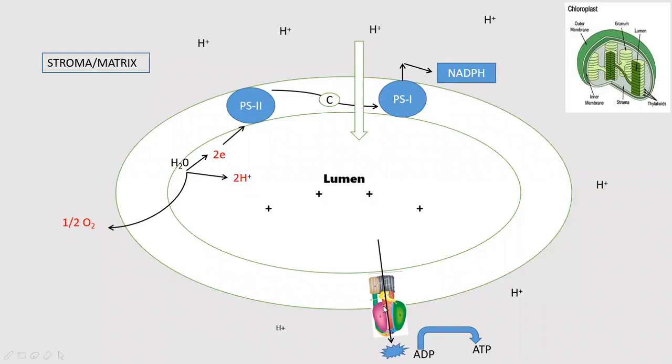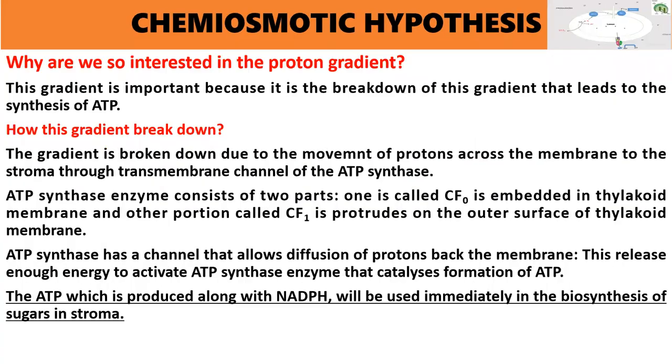This is the CF0 portion which is embedded in the membrane of the thylakoid, and this is the CF1 portion which protrudes from the membrane. ATP synthase has a channel that allows diffusion of protons back across the membrane. This releases enough energy to activate the ATP synthase enzyme that catalyzes formation of ATP.